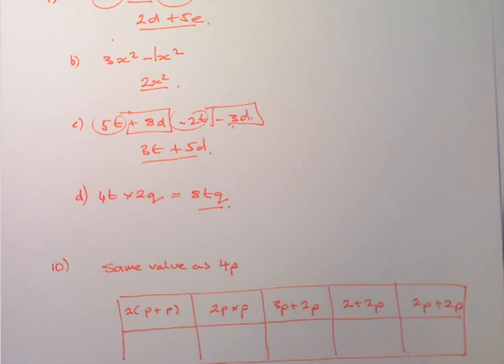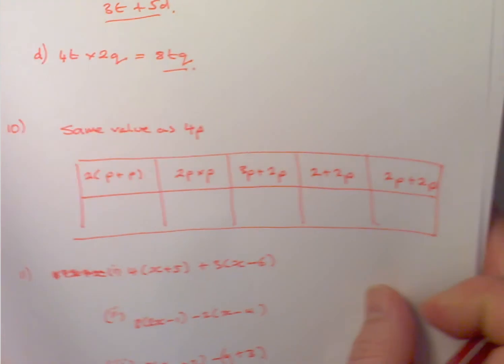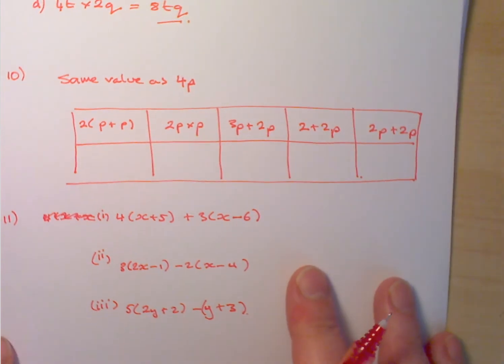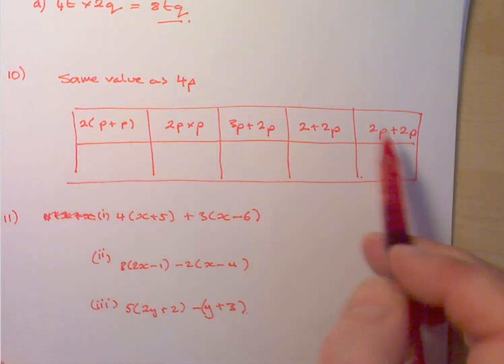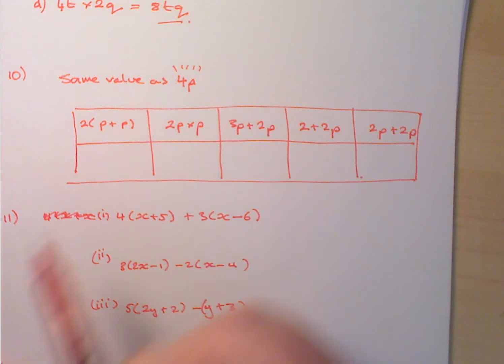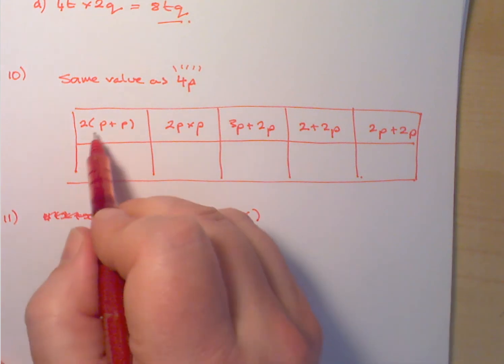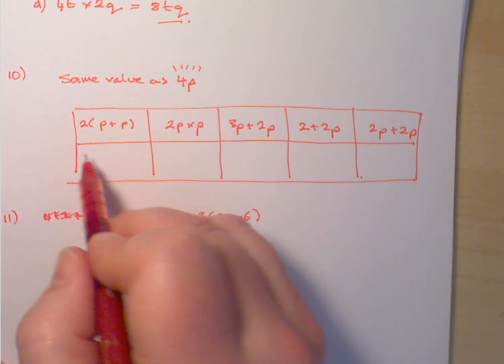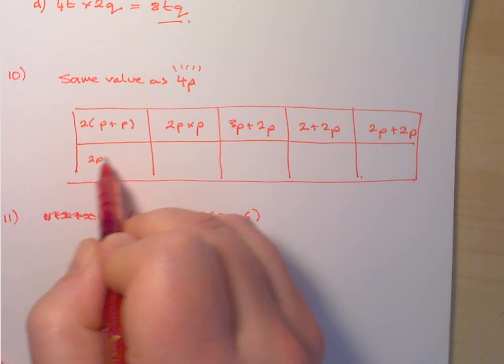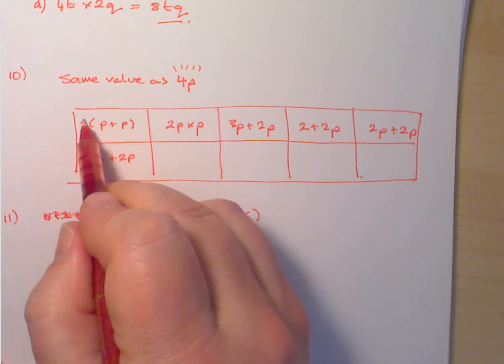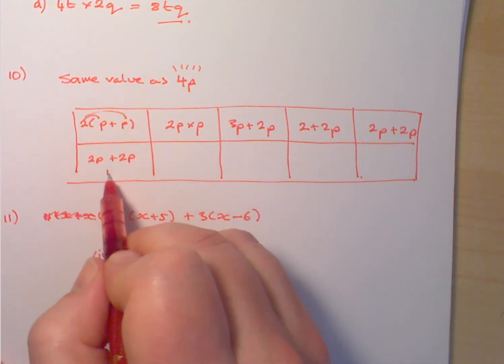And in here, in this question, what you had to do was, they said which of these expressions in these boxes are equal to 4p. Okay, and I can see that this one is going to give me 2p plus 2p, multiplying out the bracket, and that does equal 4p.